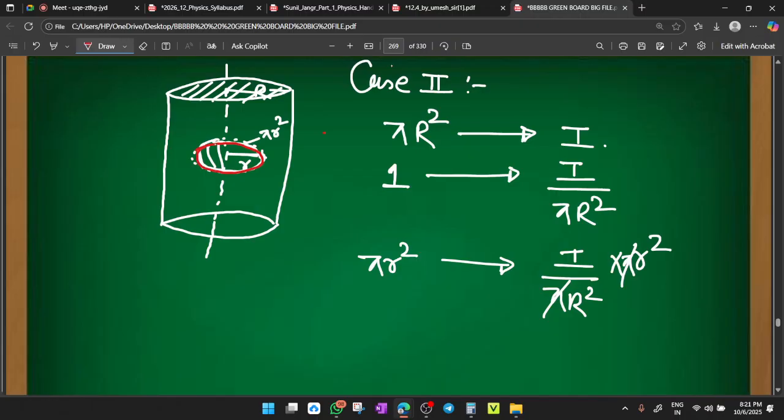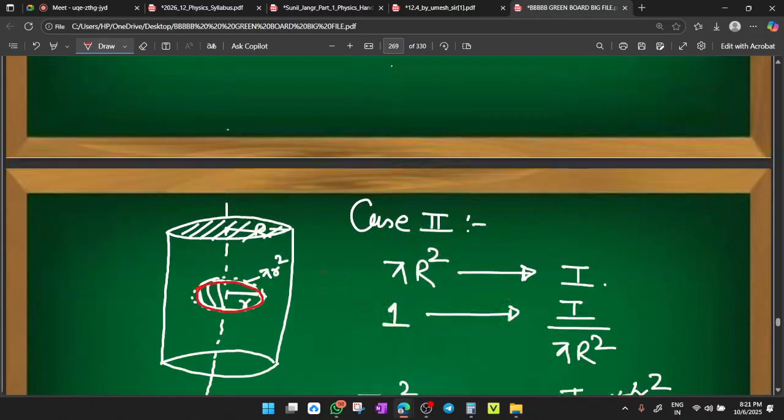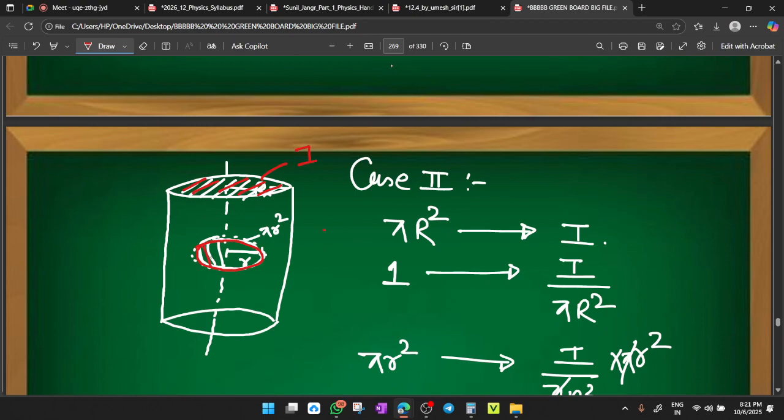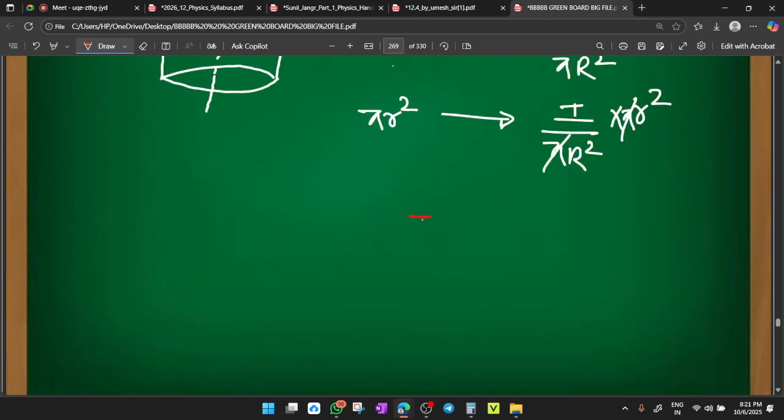We have no need of the whole current. The whole current from the full cross section is capital I, I know, but we have to find the current passing through only this section of radius small r, and that current I dash, or I enclosed, equals I small r square upon capital R square. Clear?